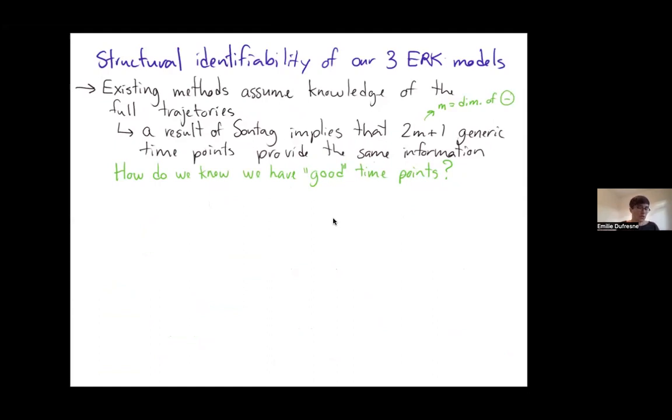But there are various methods for making some decisions about identifiability, and all of them assume the knowledge of the full trajectories.